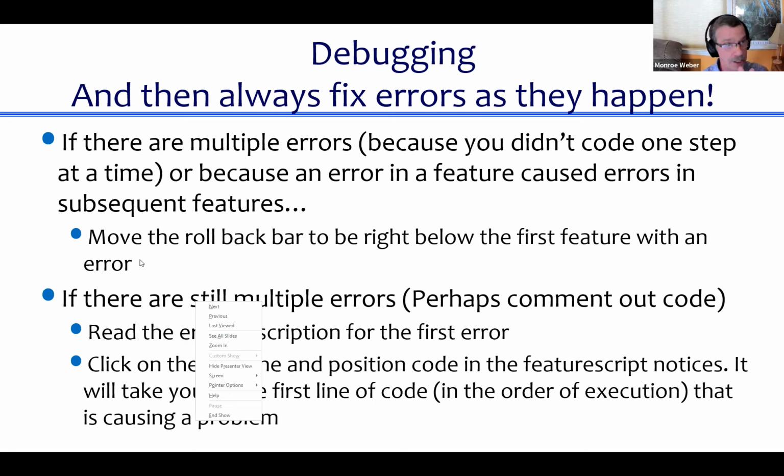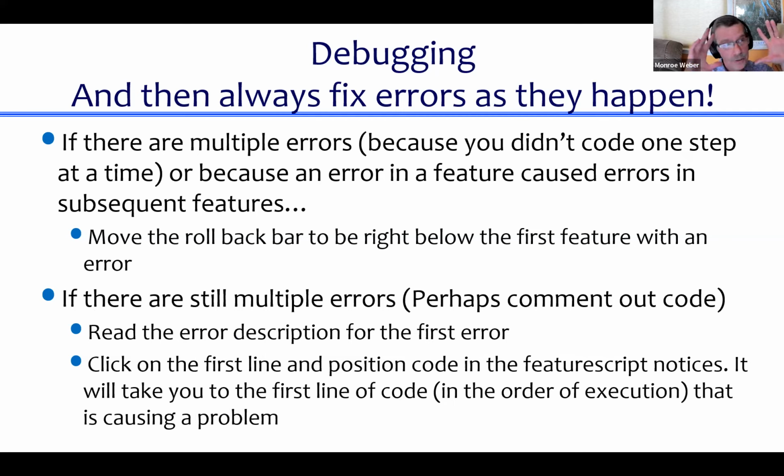This is in the Part Studio. Go into the Part Studio and move that roll bar back to the first place where there's an error, because that first error is where you've got to focus. Okay, that's the first step.